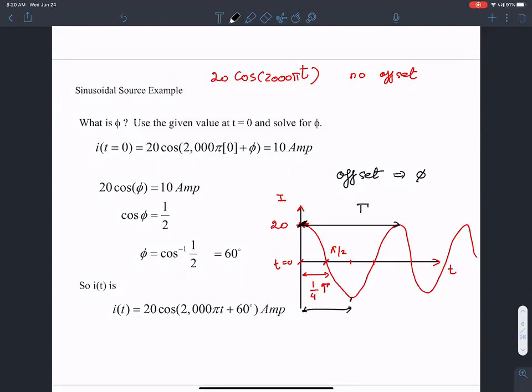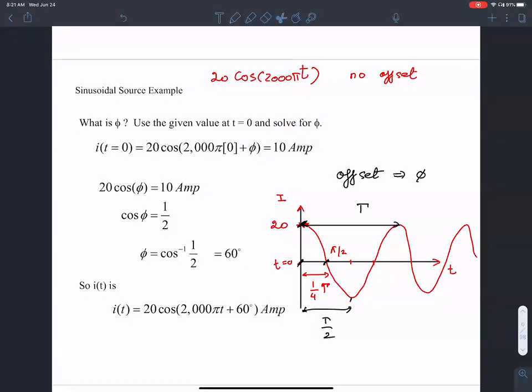This is time period over 2, and then positive to 0 is 1/4 of your time period, right? So this is your cosine wave without any phase, correct?